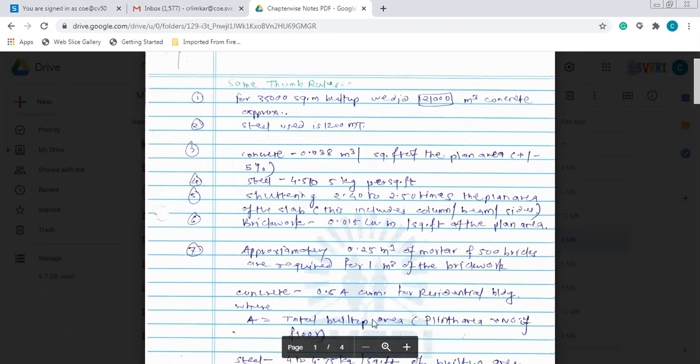Anyone is having any doubt regarding this topic, that is thumb rules?